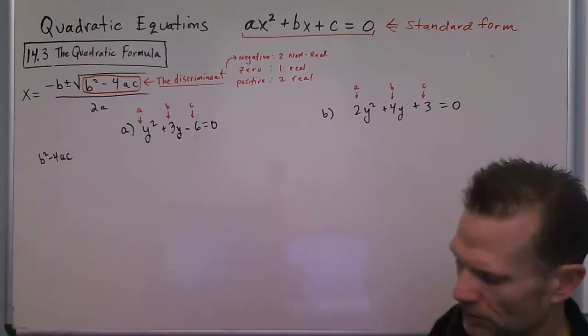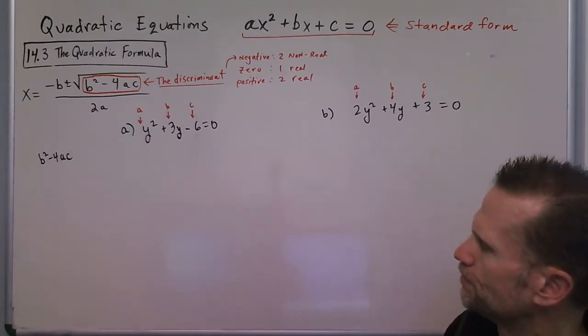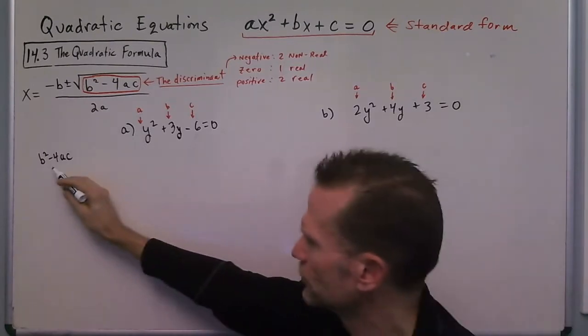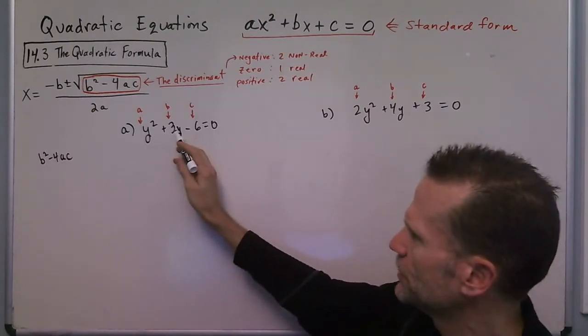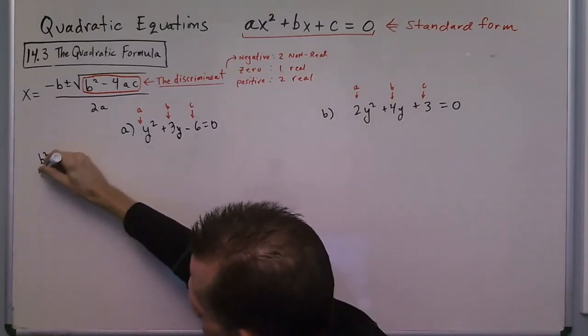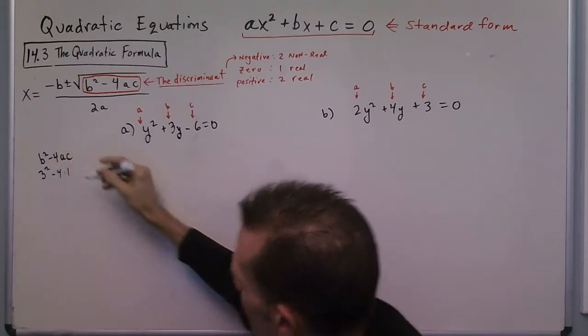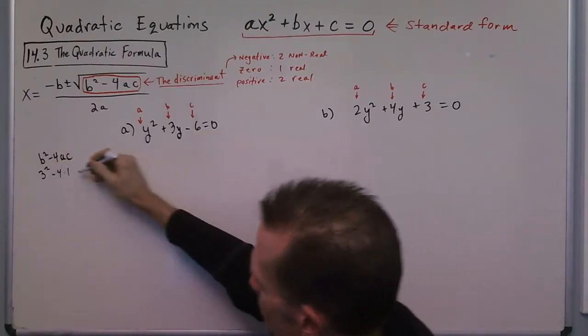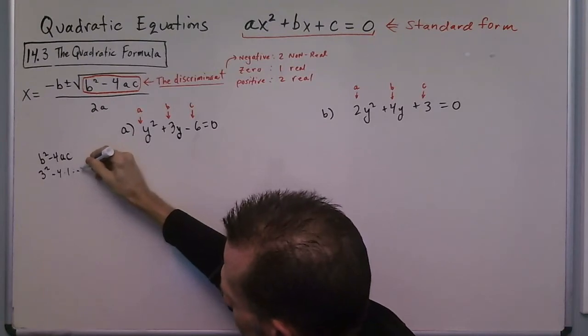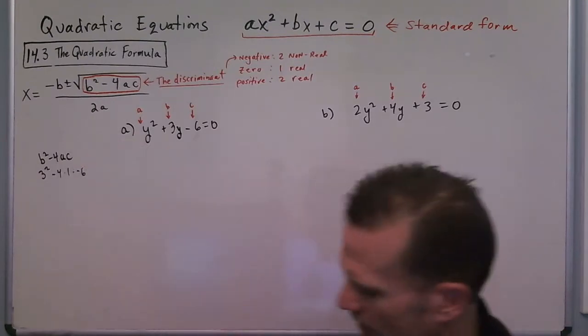So we're going to start with this one. This is the discriminant, b squared minus 4ac. So I'm going to do 3 squared minus 4 times 1 times negative 6. Now be kind of careful with your signs here.